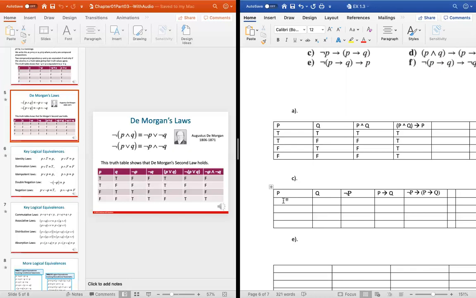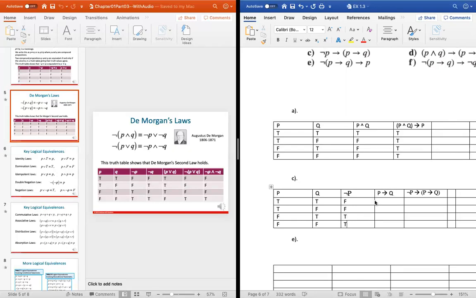So let's solve this. Again, there are 4 possibilities, 2 variables. So true, true, false, false, true, false. It's going to be true, and then it's going to be false. Now, negation of this, so it's going to be false, false, true, true.